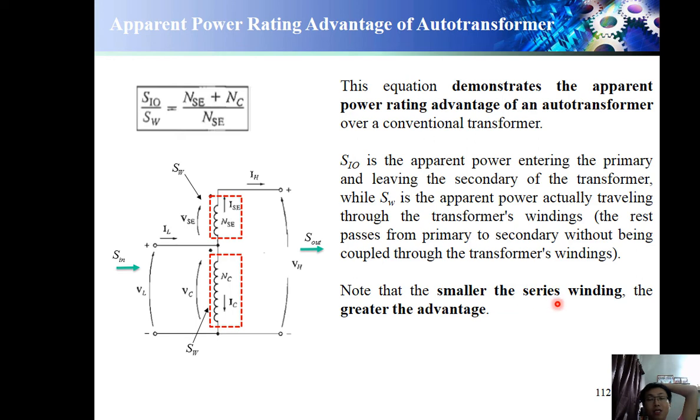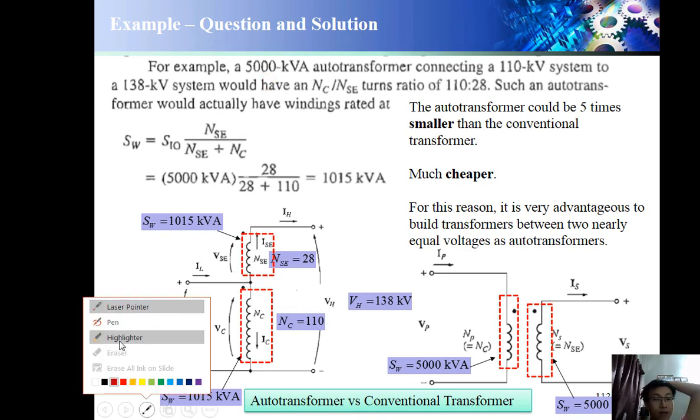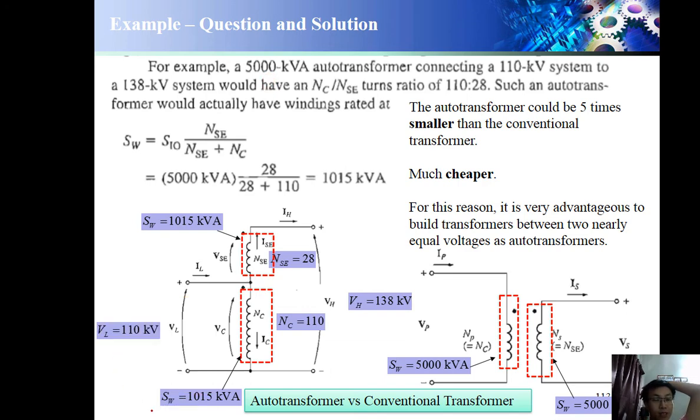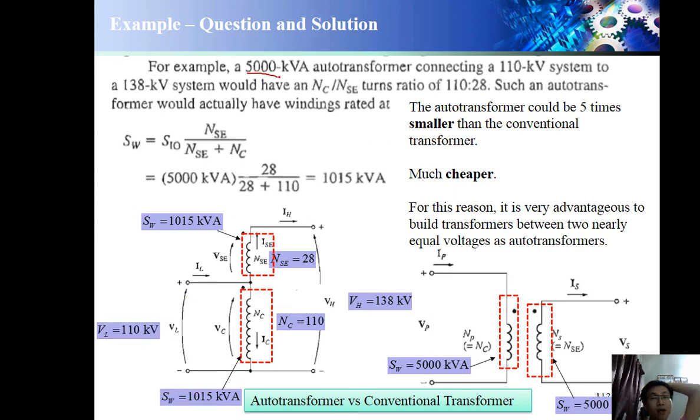Note that the smaller the series winding, the greater the advantage. We'll see this through an example. For example, a 5000 kVA auto transformer, compared with a conventional one, which is like this.